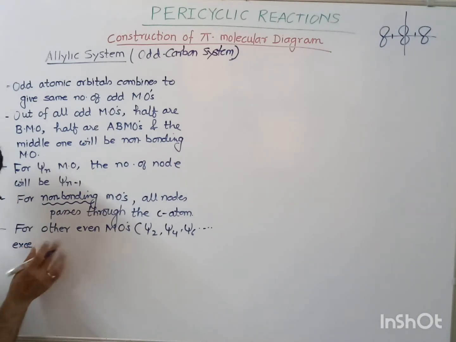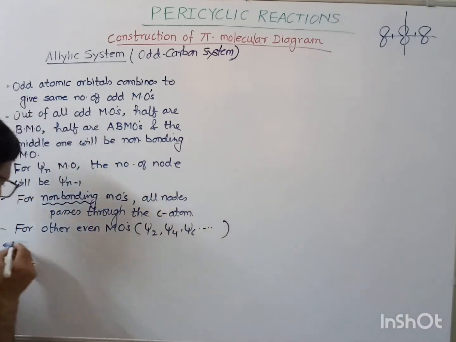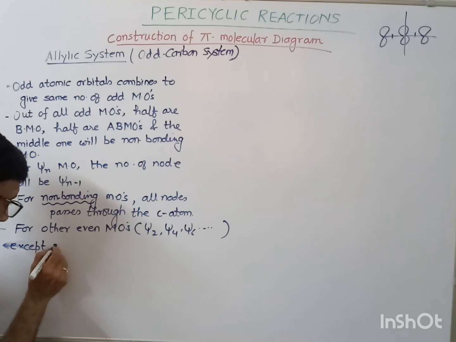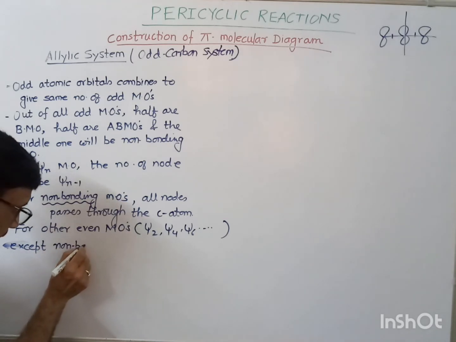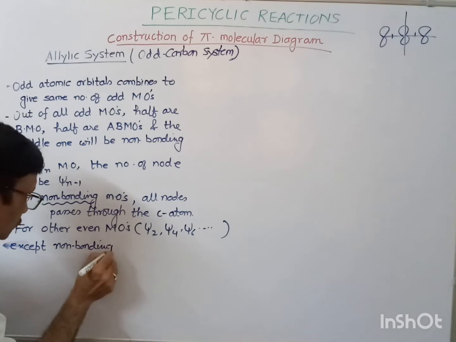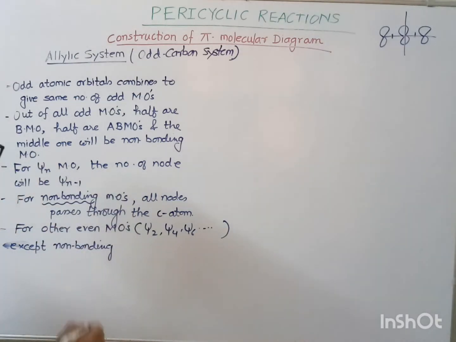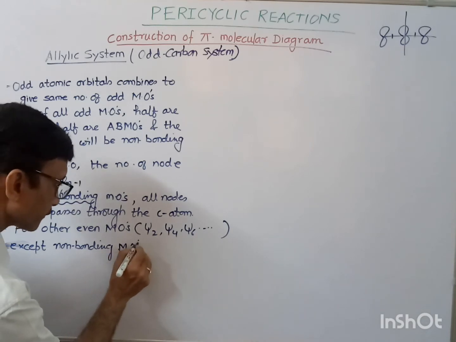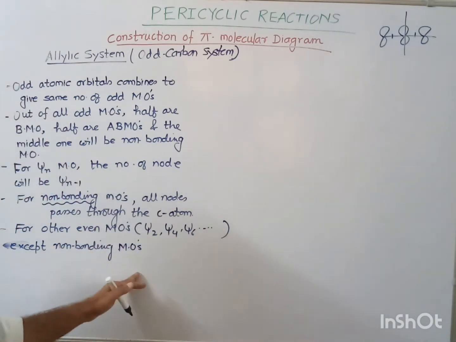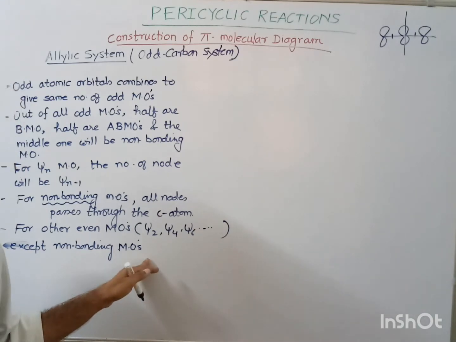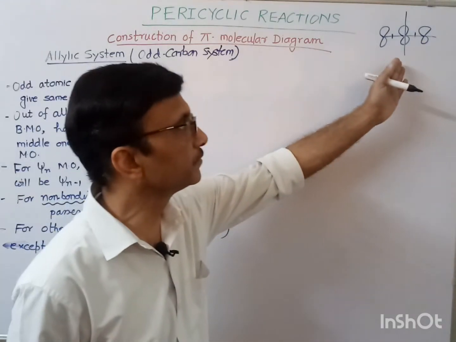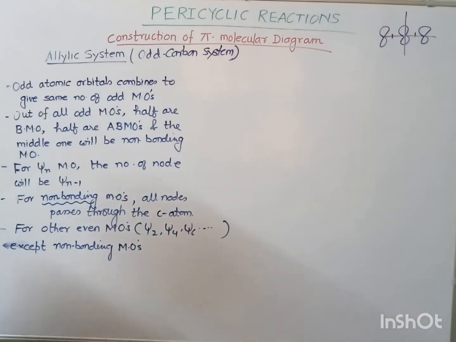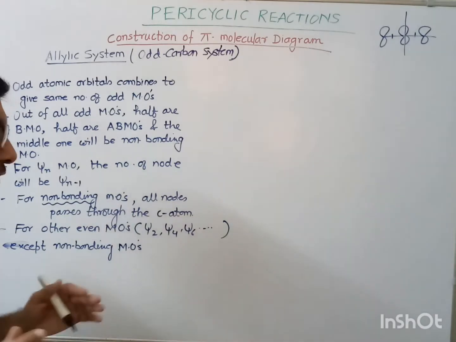For these other even molecular orbitals, the first node passes through the carbon atom, and the rest of the nodes pass in between the carbon atoms.